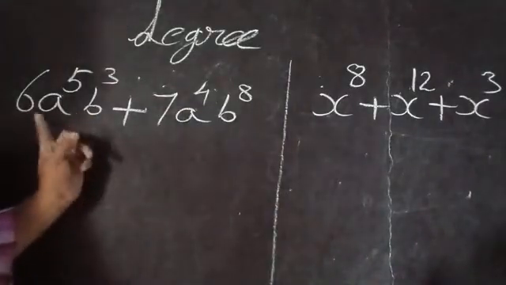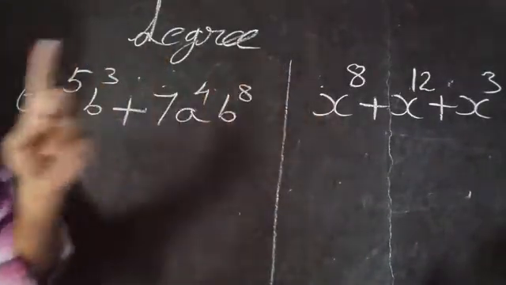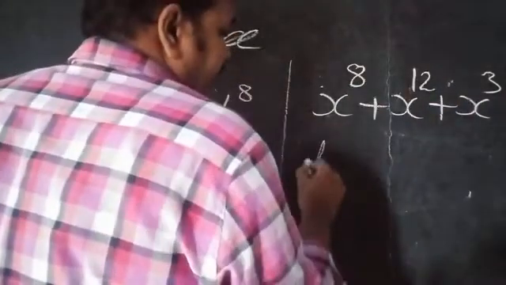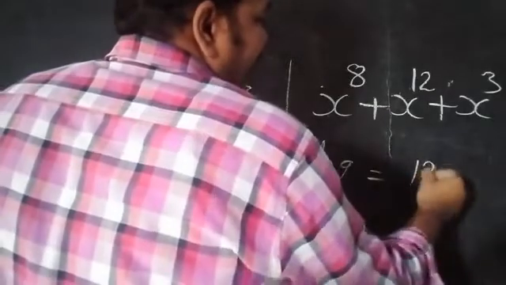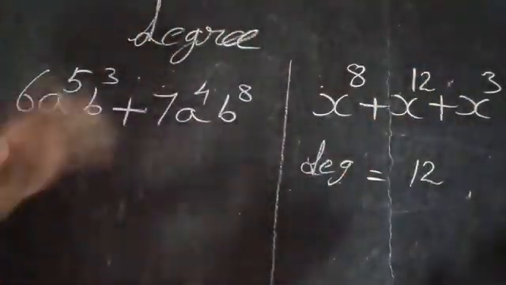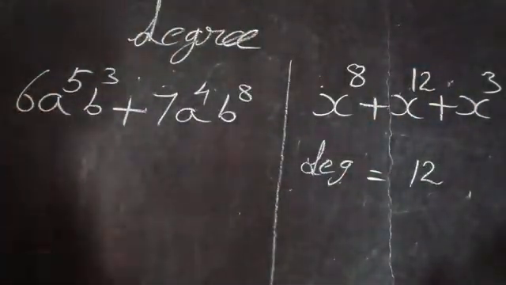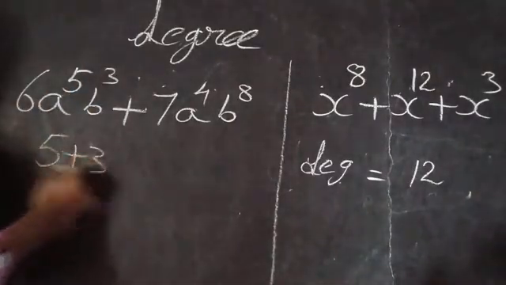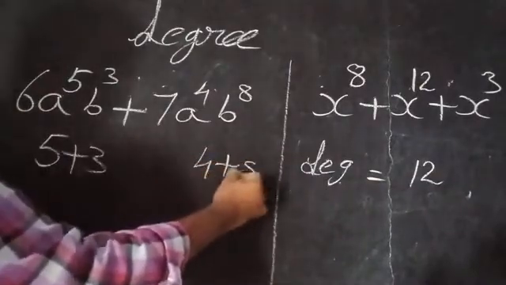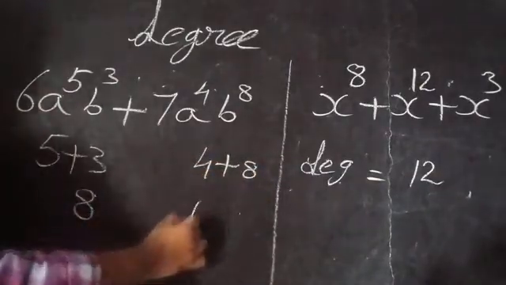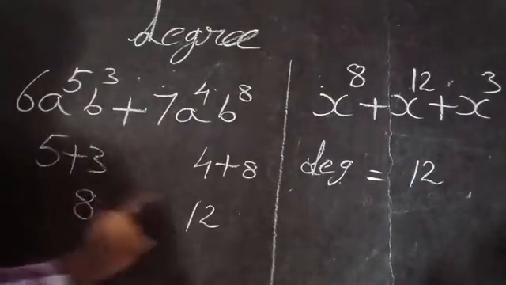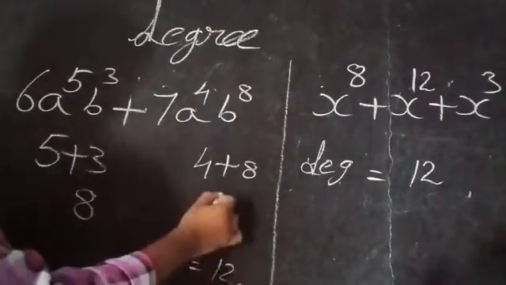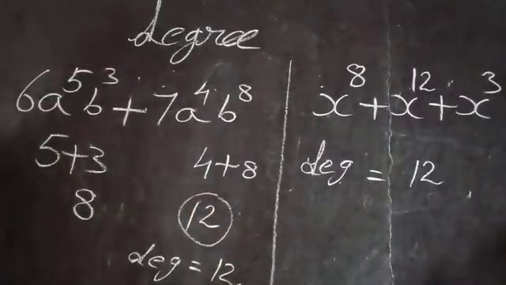We have to find the degree for both. In this question there is one alphabet, so we take the highest one. The degree is 12. In the other question there are two alphabets, so we add the powers first: 5 plus 3 is 8, 4 plus 8 is 12. So in this one too the degree is 12.